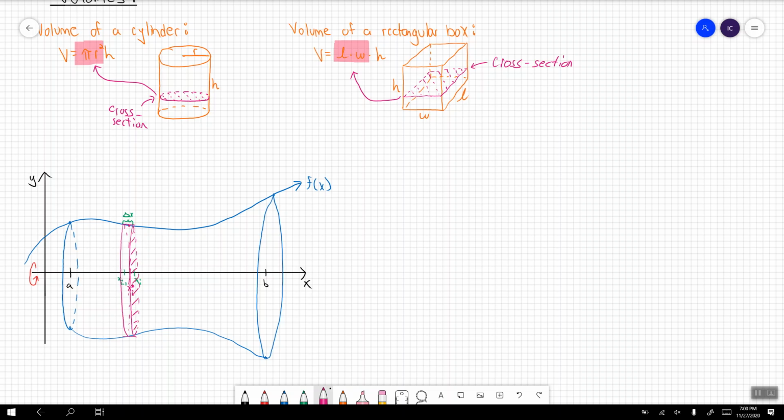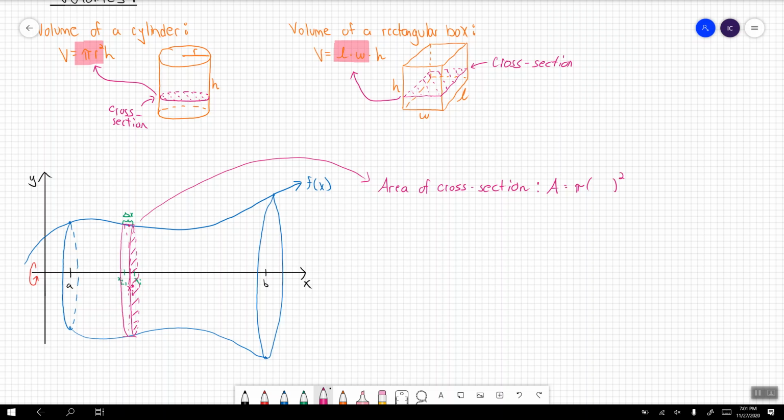Well, the area here is going to be denoted by the area of this circular face. So how do we find the area of that circular face? Well, let's bring this out. And we're going to say that the area of the cross section is going to be A is equal to pi r squared.